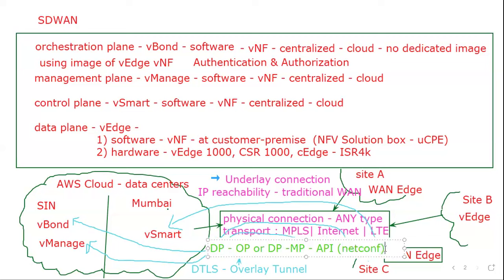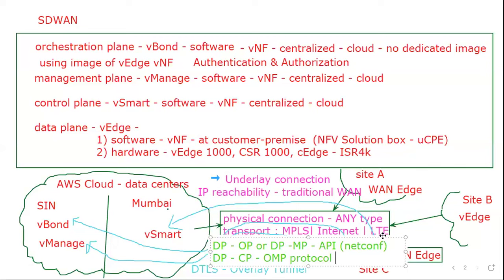And if the connectivity is between the data plane and the control plane, then it is using a protocol, that is OMP. These are very important things which you must know about how this architecture works.